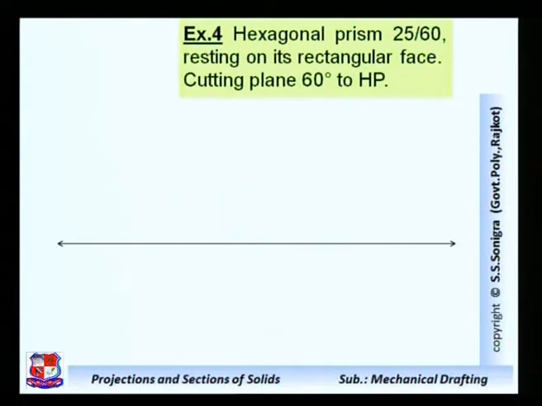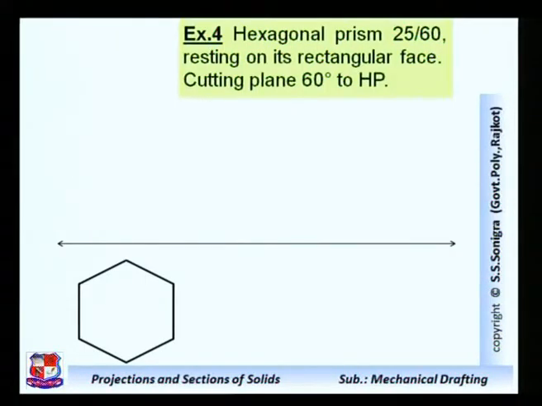So first of all, draw the XY line to represent the intersection of both the planes HP and VP. Draw a hexagon below the XY line, side length 25 mm. Here 2 types of hexagon could be drawn. One is that 2 sides are perpendicular to the XY line, and another is that 2 sides are parallel to the XY line.